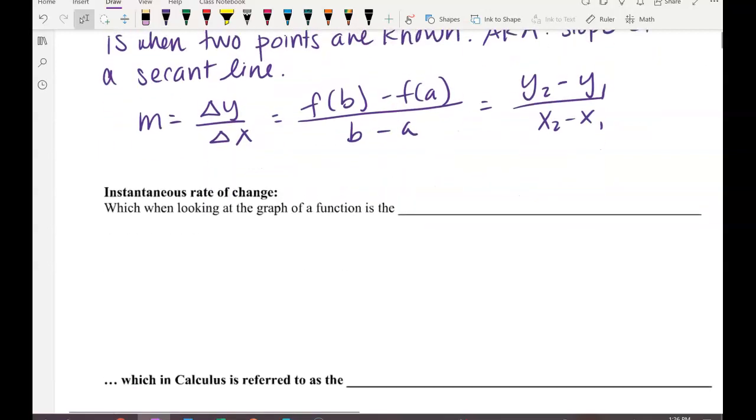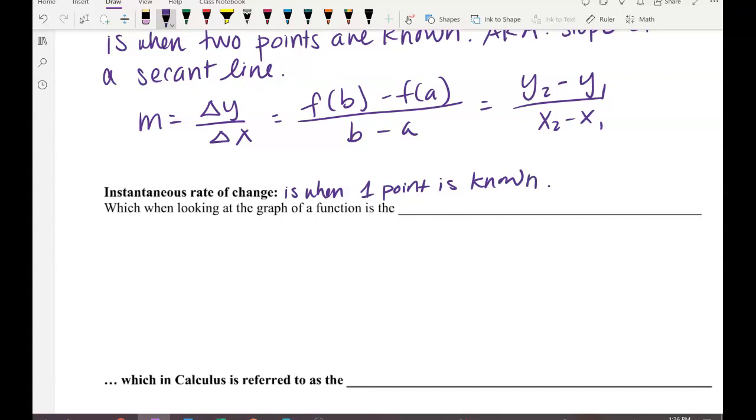Now, we also talked about the definition of instantaneous rate of change. Remember, the instantaneous rate of change is when 1 point is known. So how do you find the slope when 1 point is known?